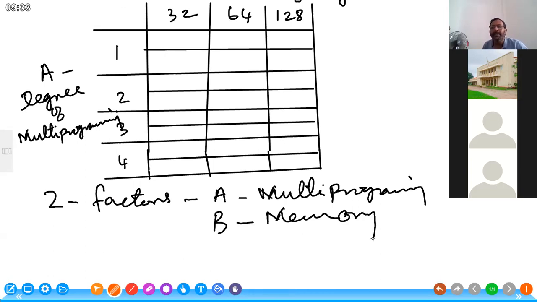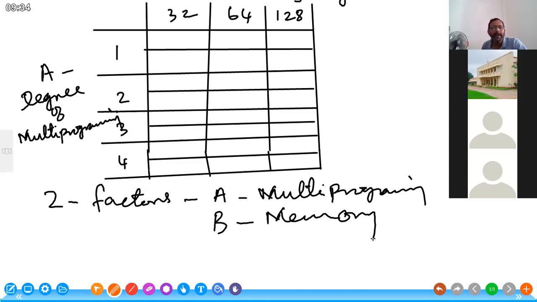These are something to do with computer programs. For example, when you use a computer, there are different computers with different memory sizes. If the memory increases, the number of multiple programs is generally high, isn't it?